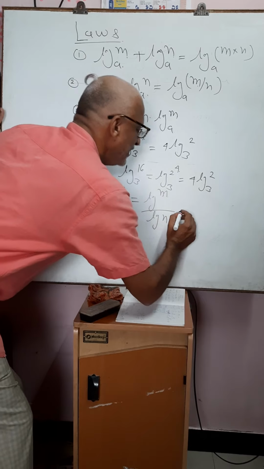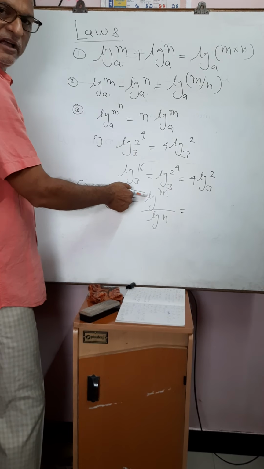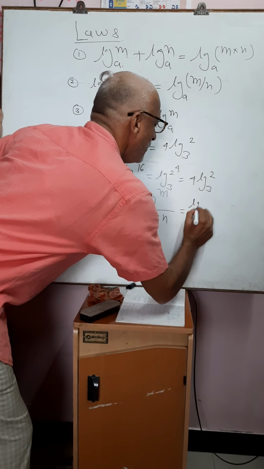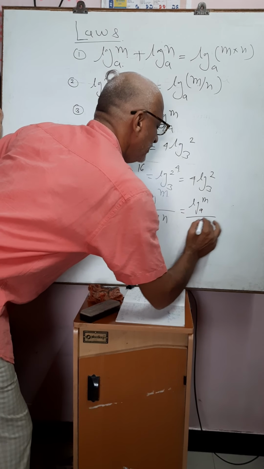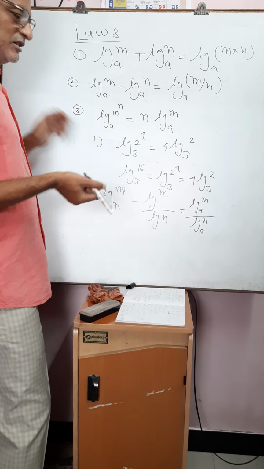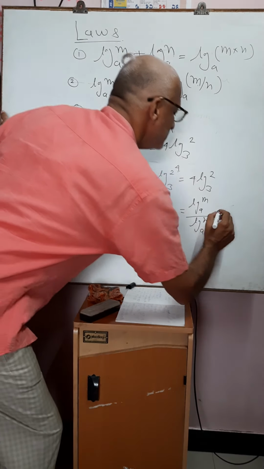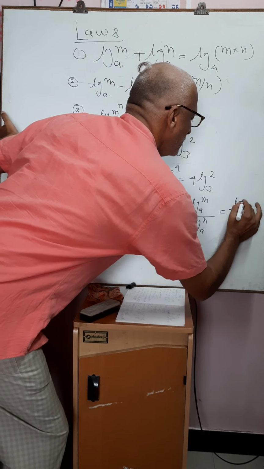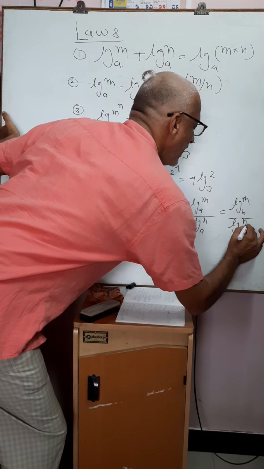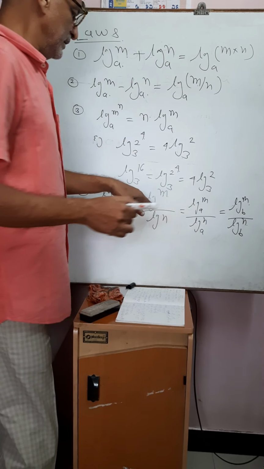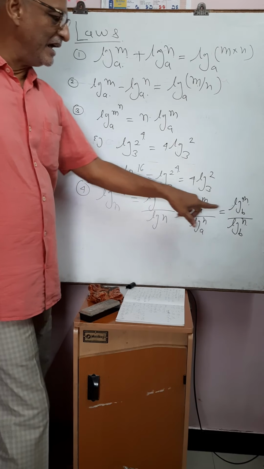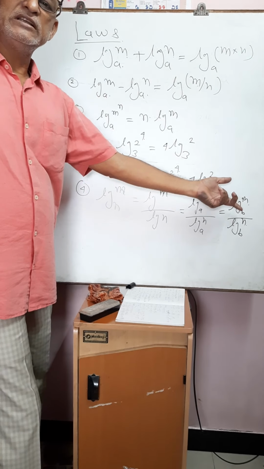Or you may write this one as, suppose your requirement is base a. अगर आपका base a होना चाहिए, so you can write this one as log of m to the base a divided by log of n to the base a. Suppose you require the base should be b, then you may write this one as log of m to the base b divided by log of n to the base b. On board आप लोगों को कुछ जगह LG देखा होगा, LG that means also the log.